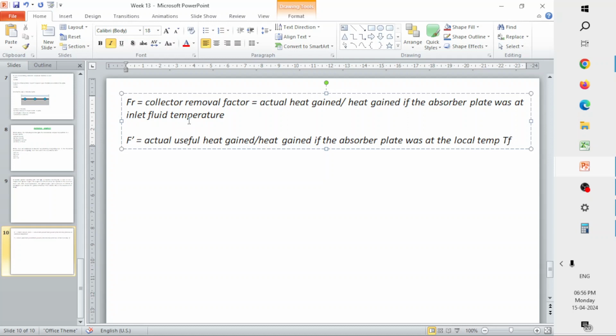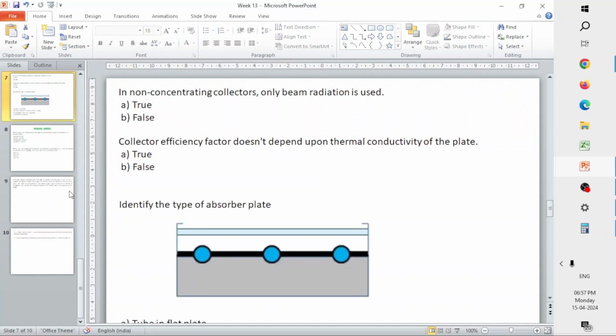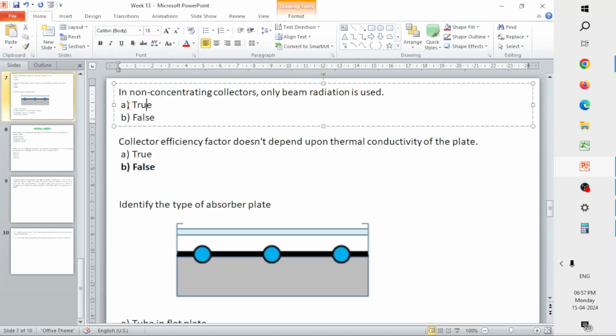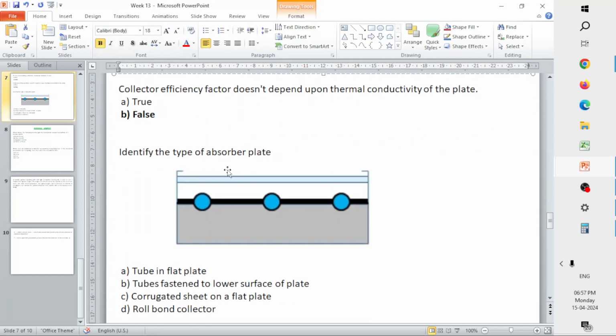Since the collector efficiency factor depends upon the actual useful heat gain, the thermal conductivity of the plate will be affecting as a factor. So the statement that the collector efficiency factor doesn't depend upon thermal conductivity of the plate is false here.